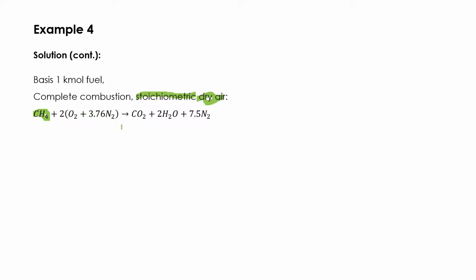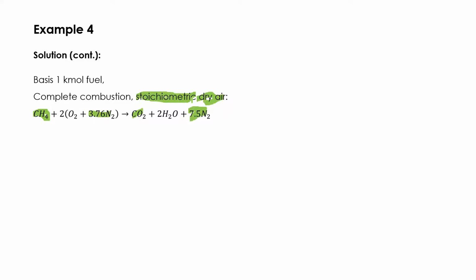We assume full combustion, so there is no partial combustion of the fuel. You produce CO2 plus water plus the nitrogen. Since this is stoichiometry, all of the oxygen is burned.